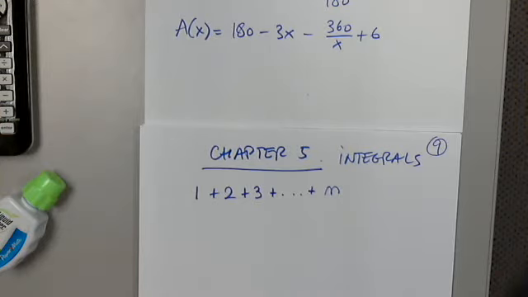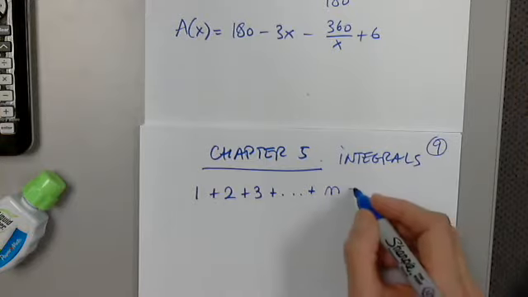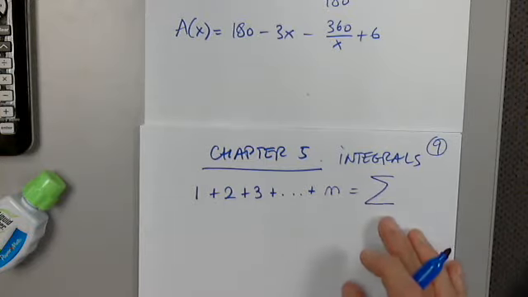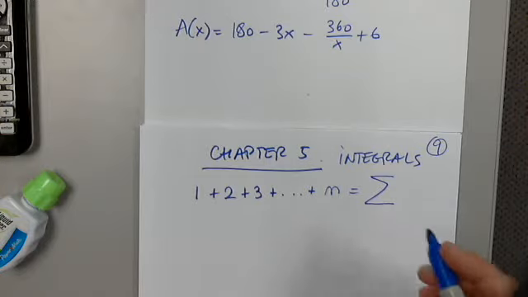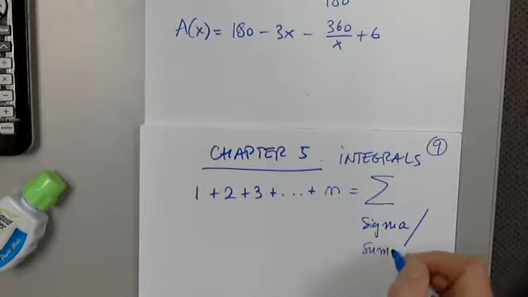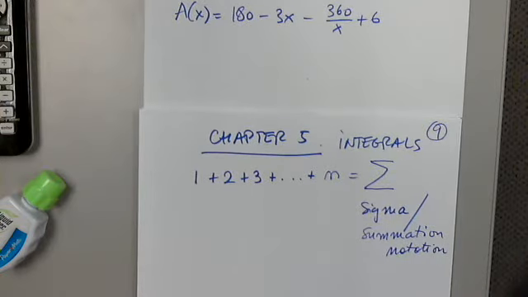It's a sum of the first n terms. Here's how we do that. This is called the sigma notation or the summation notation. It's a Greek S, not the regular Latin S.